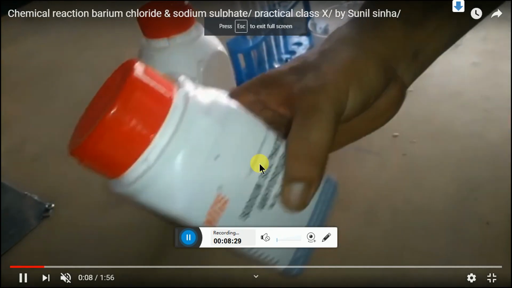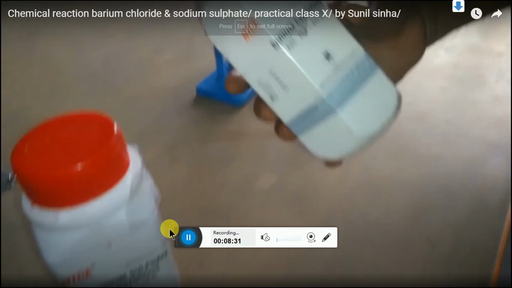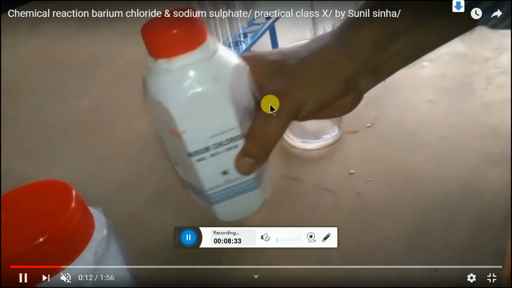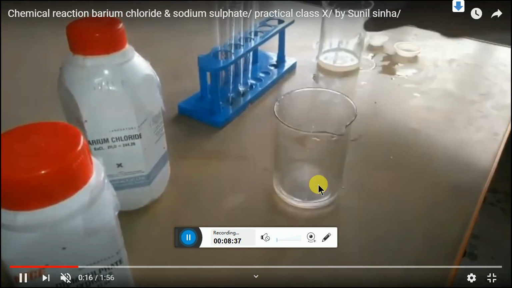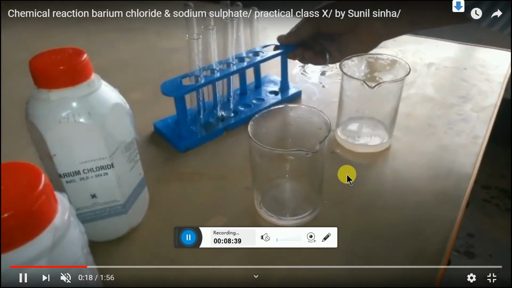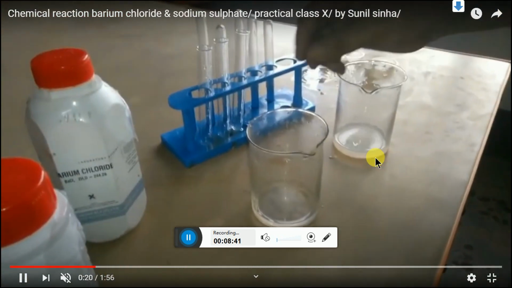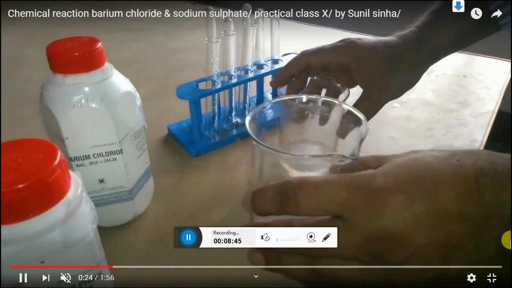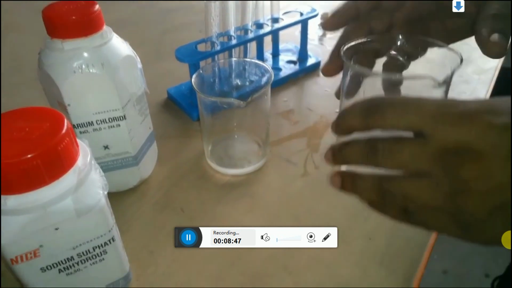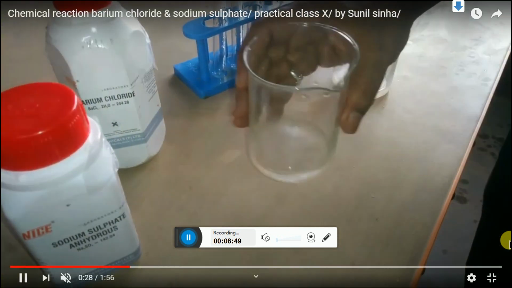This is your sodium sulfate anhydrous. This is your barium chloride. This is a beaker, test tube rack. These are the solutions we have to prepare.